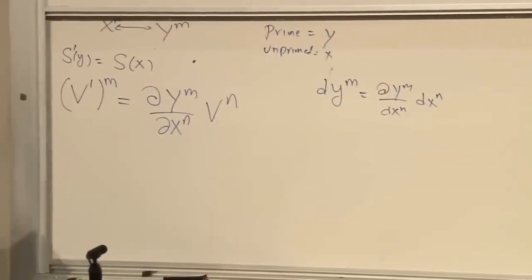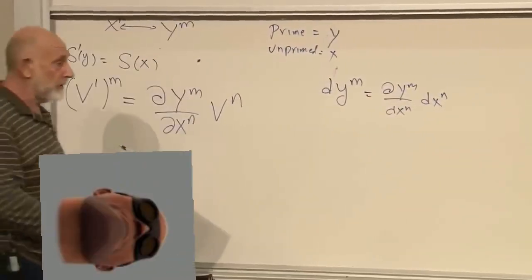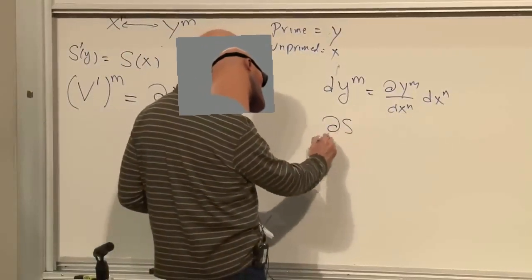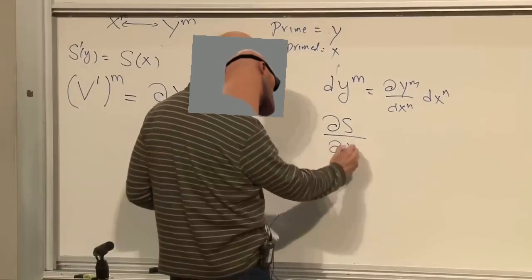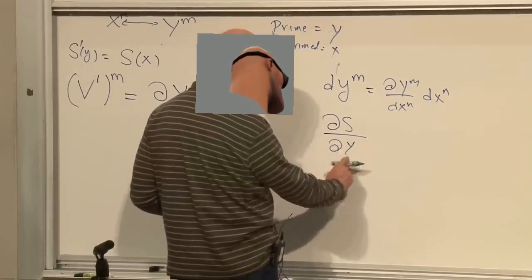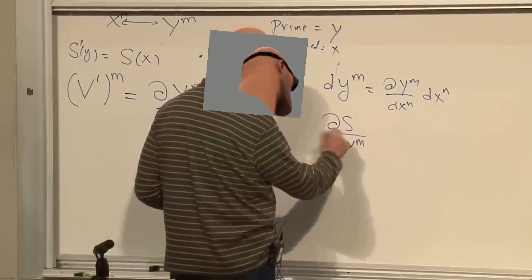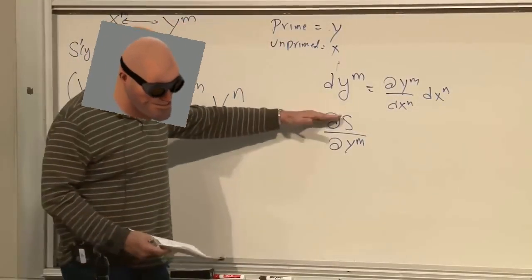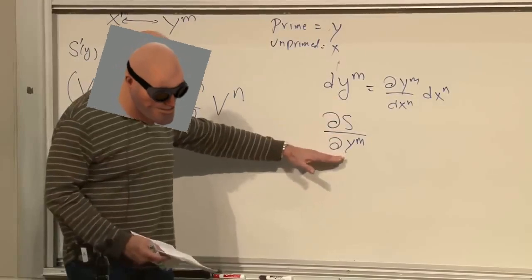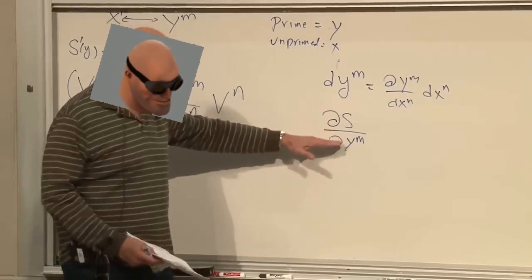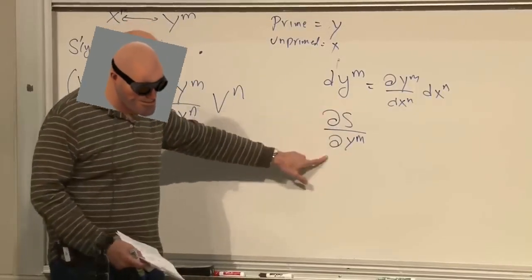The covariant components, a covariant component of a vector would be, for example, if you have a scalar, s, and you differentiate it with respect to y, let's say y, m, this becomes the primed component of a covariant vector, or the primed covariant component of the gradient vector.